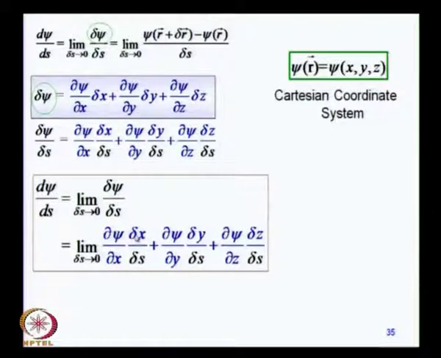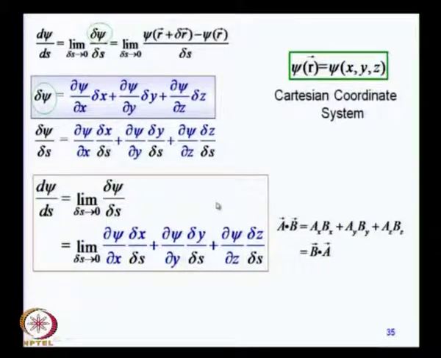So, this looks like ax bx plus ay times by plus az times bz, and it really does not matter what you call a and what you call b, because a dot b is the same as b dot a, so far as the scalar product is concerned. So, this form would remind you of the scalar product between two vectors, and you can express this directional derivative as a scalar product of two vectors.